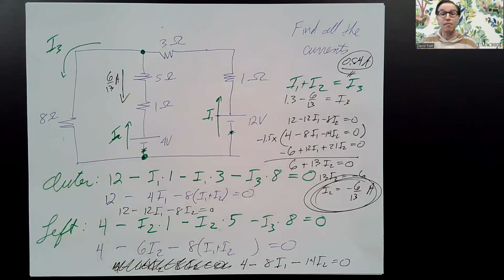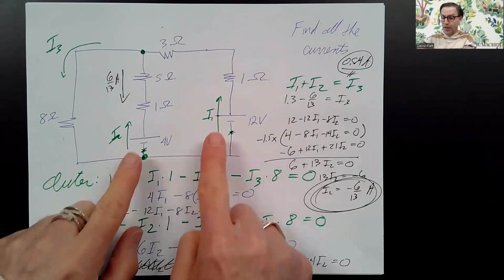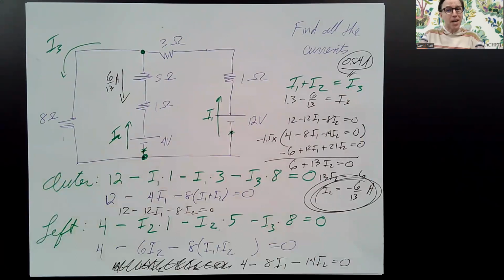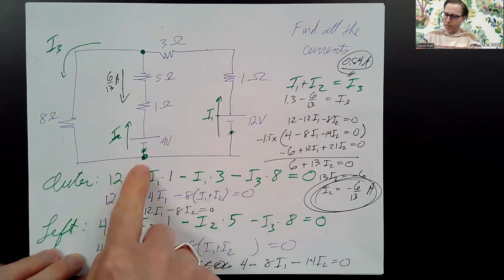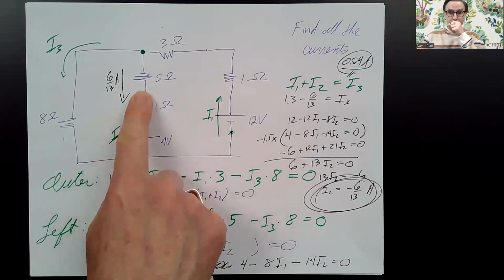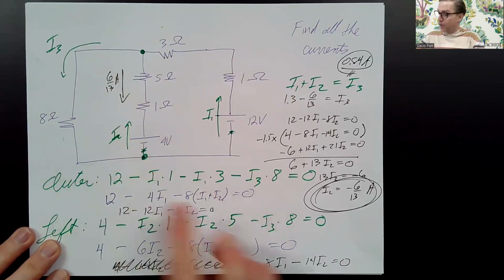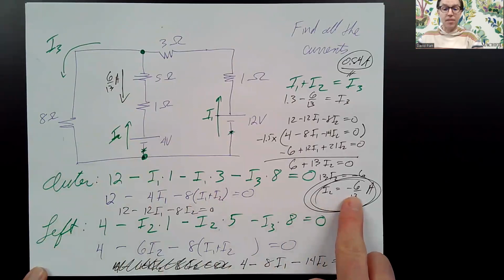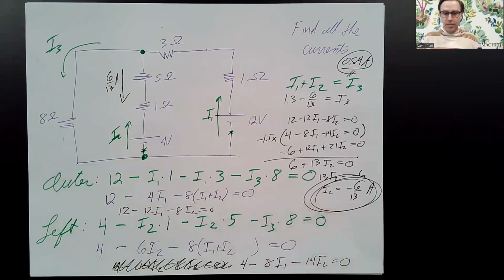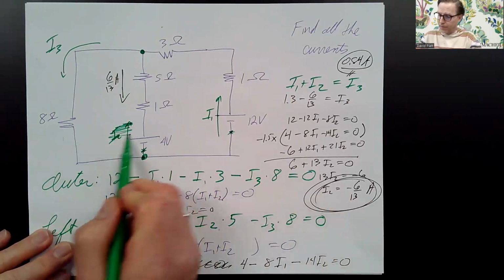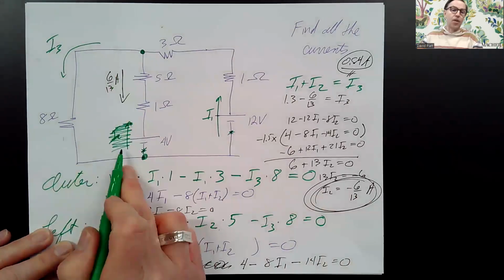And then we also had some fun with multiple batteries. And sometimes it feels like, oh, this battery is going to make the current go this way. So you write your equations assuming that. And if you find a current that turns out to be a negative number, it just means, oh, nope, the current goes the other way.